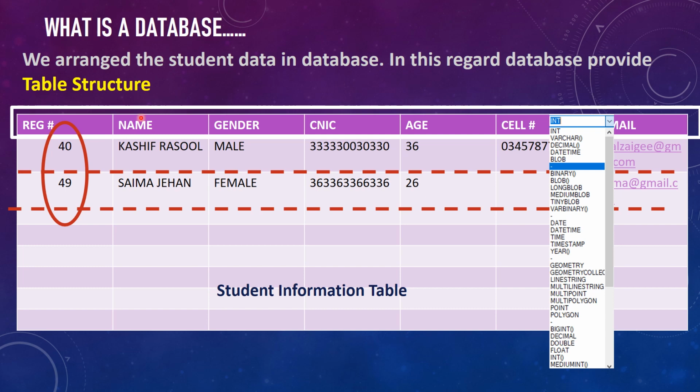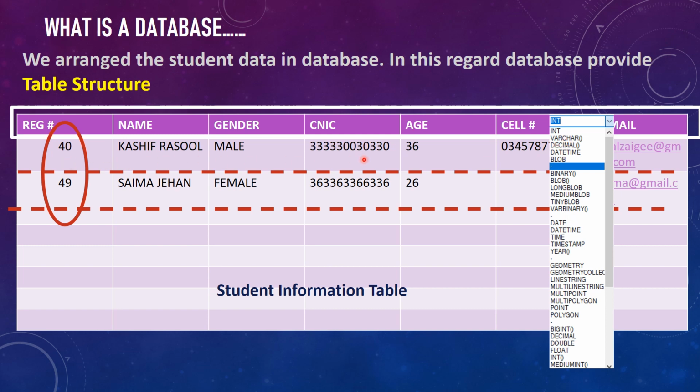Please listen again. We arrange the data in table format. Table contains rows and columns. Every column has one heading, and this heading is the field name, and field names are associated with different data types.